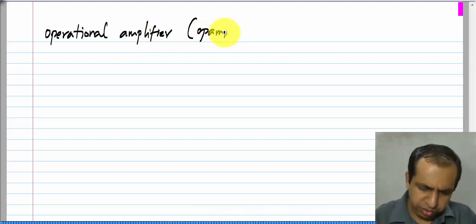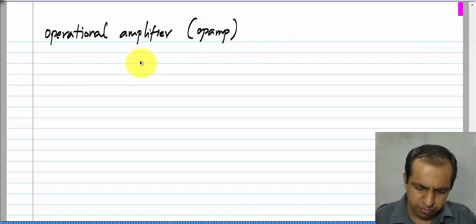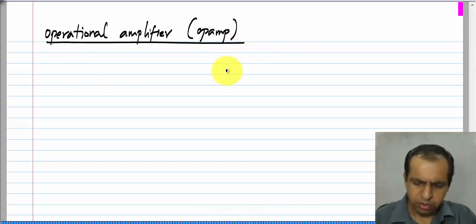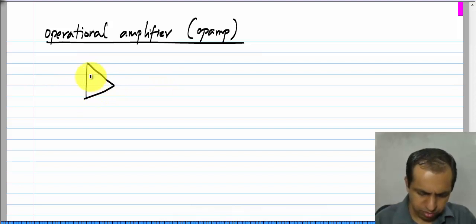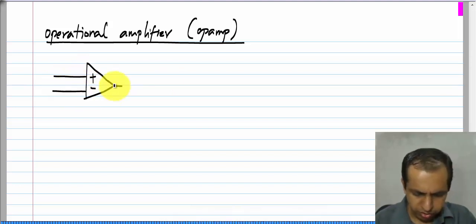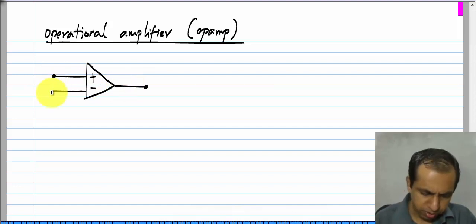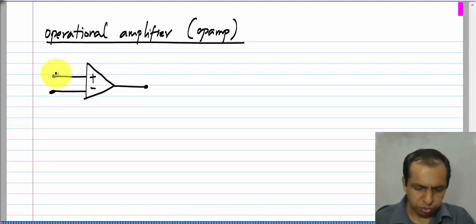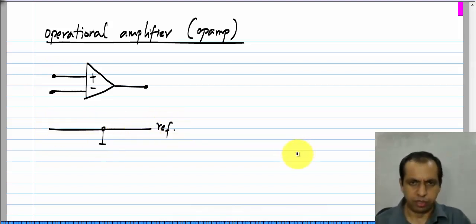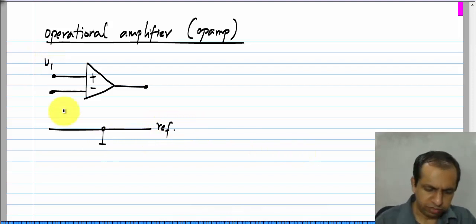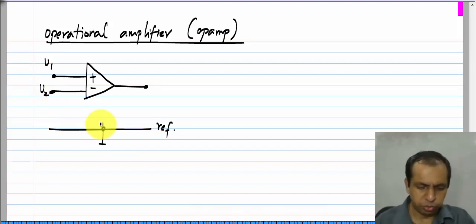It is frequently abbreviated as op amp. So, what is it? It is denoted by the symbol. So, it has two inputs, that is, if we assume that there is some reference node here, then we have V1 and V2 at its two inputs.